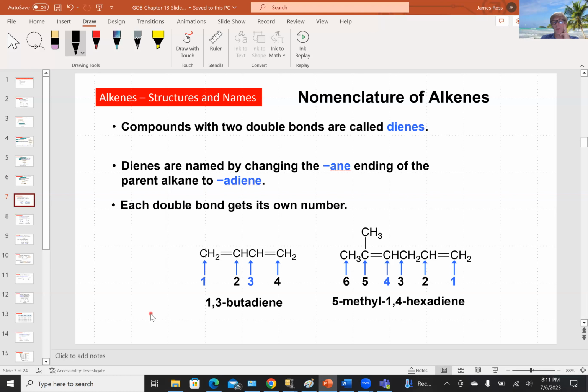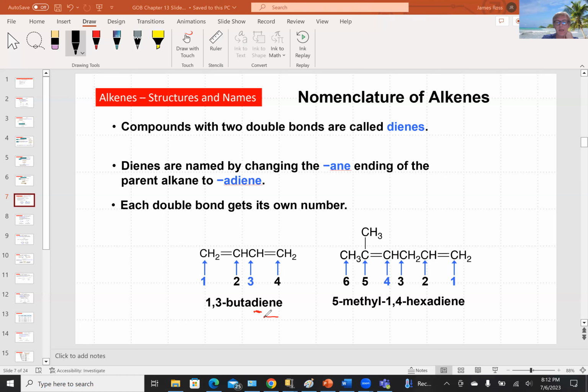What if we have 2 double bonds? Well, look at the structure on the left. We've seen it with the alkane nomenclature in the previous chapter. For example, when we had 2 methyls, it was dimethyl. So again, we're going to use the prefix di.